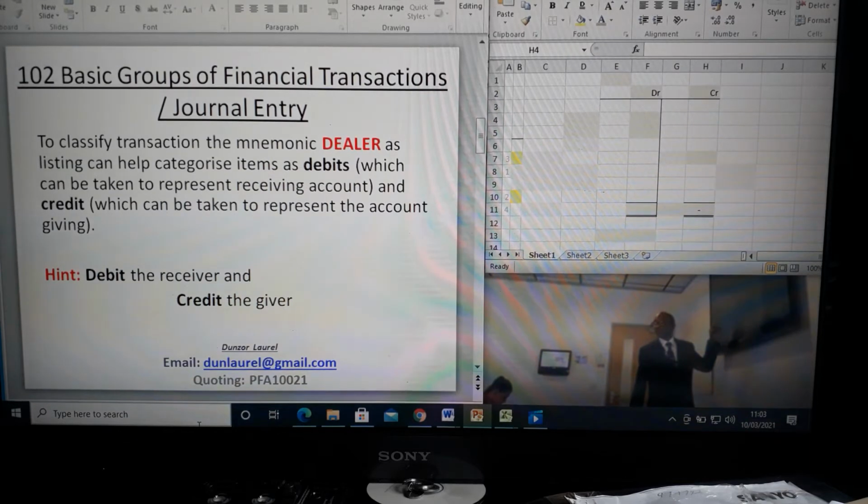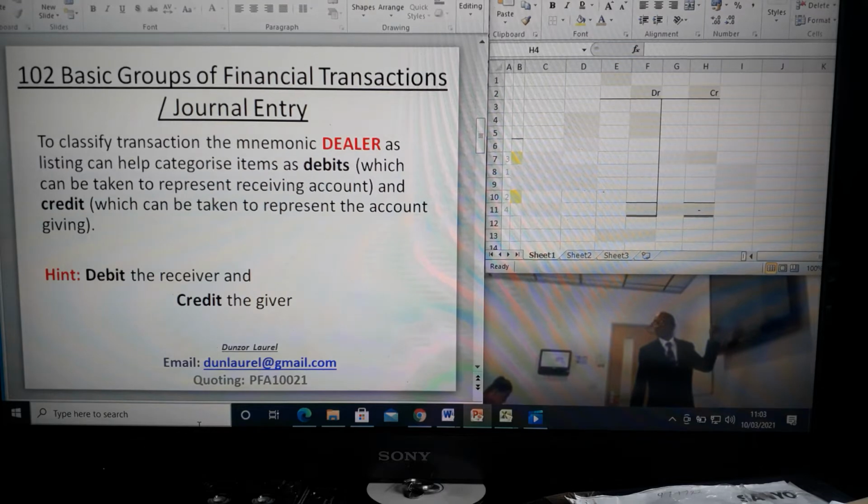Now, the first point there, how to identify the balance an account will be holding, we'll be using a mnemonic, DLAT. DLAT is a mnemonic that will help us tell which accounts are housing debit balance or credit balances.